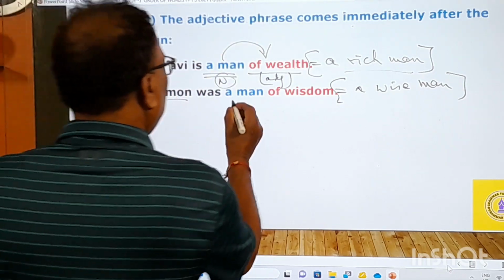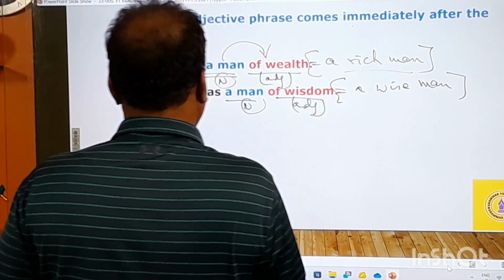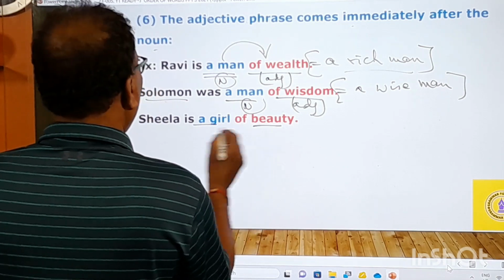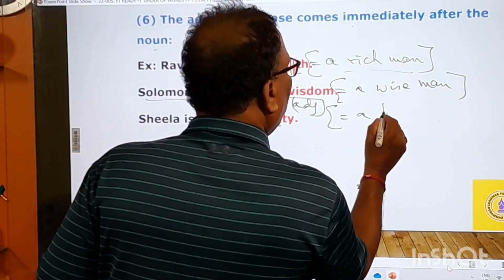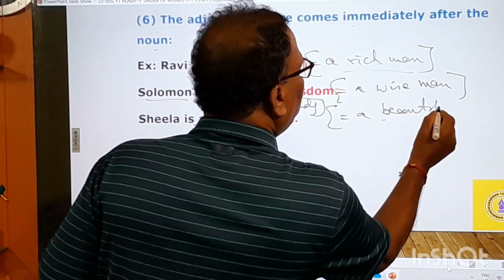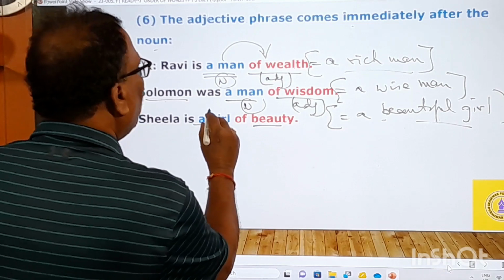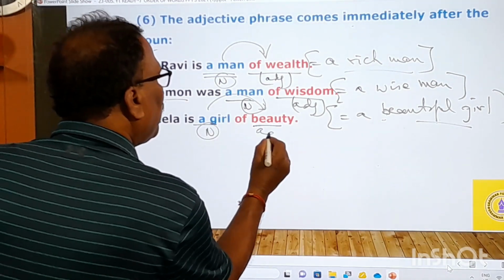So, but here man is a noun and of wisdom is an adjective phrase. And here you see that Sheila is a girl of beauty. So, directly saying Sheila is a beautiful girl. Instead of saying beautiful girl, what am I saying here? A girl of beauty. So here girl is a noun and beauty is what is that?